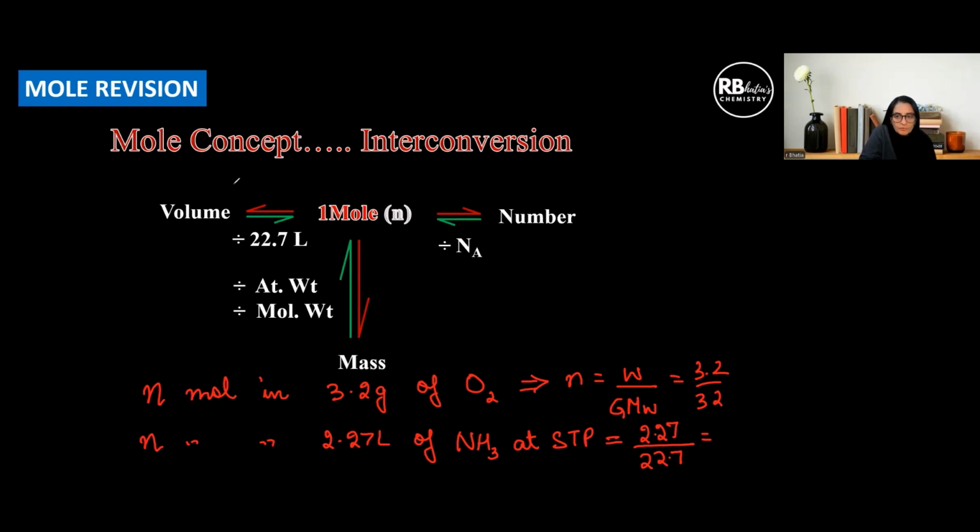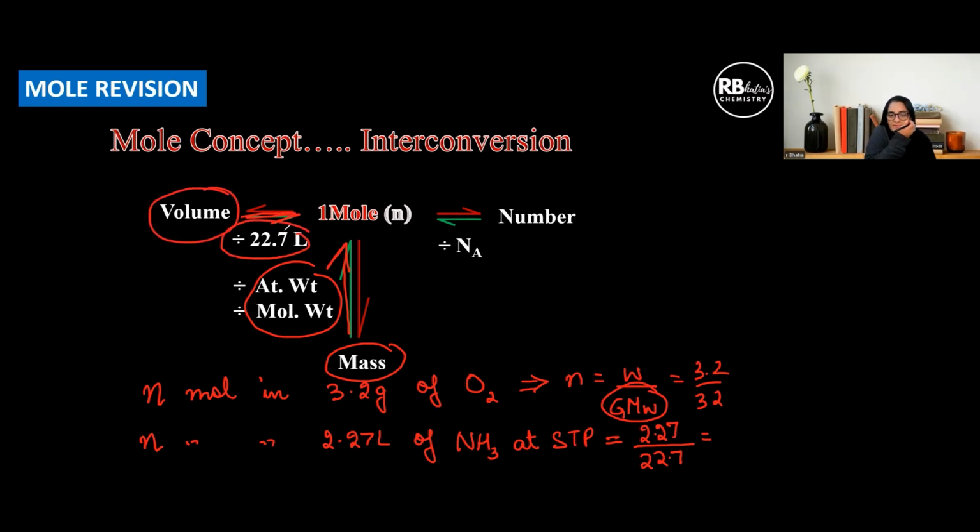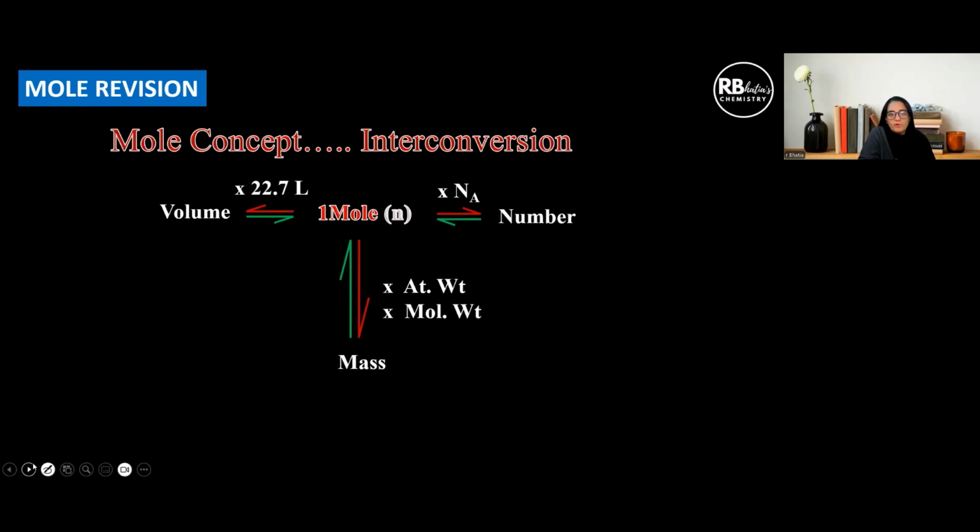So what are we going to do? If mass is known and I want to convert it to moles, I'm dividing it with gram molecular weight. If volume is known and I want to convert it to moles, I'm going to divide it by 22.7. I hope this application is clear to all. So we move on to the next one.